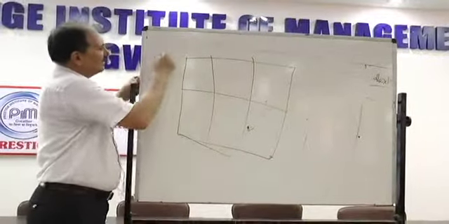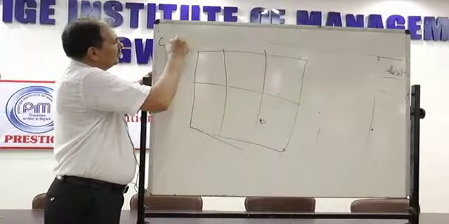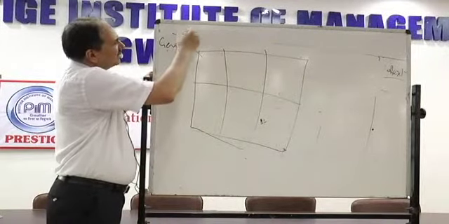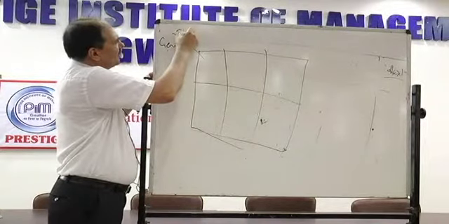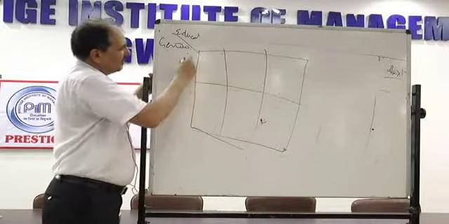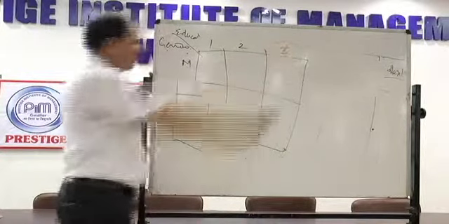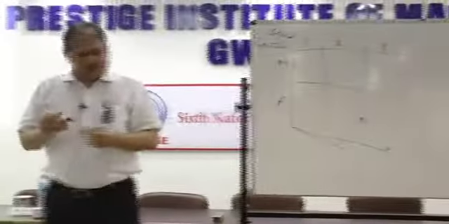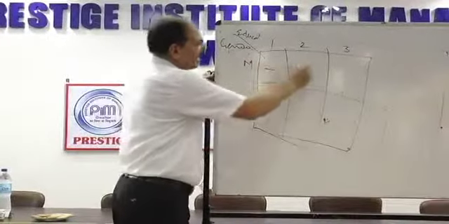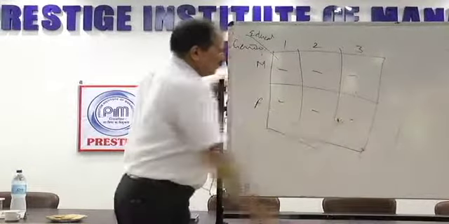Suppose this is gender and this is educational qualification. Gender: male, female, and say first set, second set, third set of educational background. So there is a number of respondents here, and here.